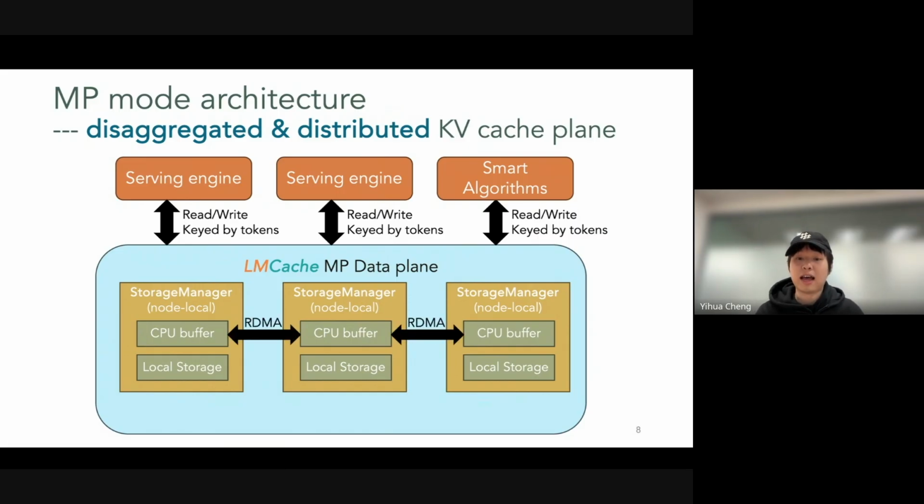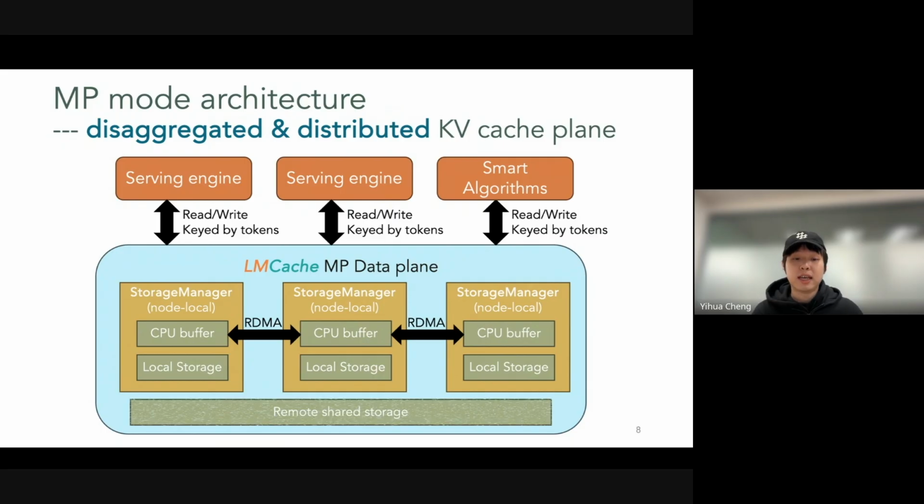Last month, Bolong gave us a very cool presentation about the P2P, which uses RDMA to connect all those CPU buffers so that different nodes can share KV cache across the cluster. Also inside the data plane, there is a remote shared storage which every storage manager can read from or write to.